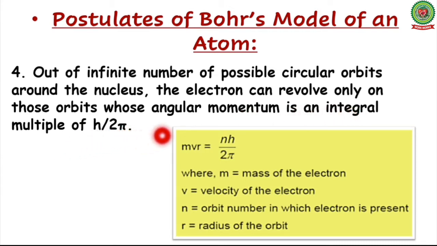So what is angular momentum? Angular momentum is mvr, where m is the mass of the electron, v is the velocity, and r is the radius of the orbit. When the angular momentum is equal to a multiple of h upon 2 pi, only in that orbit will we find the electron. By using this relationship, we can also find the velocity of the electron.